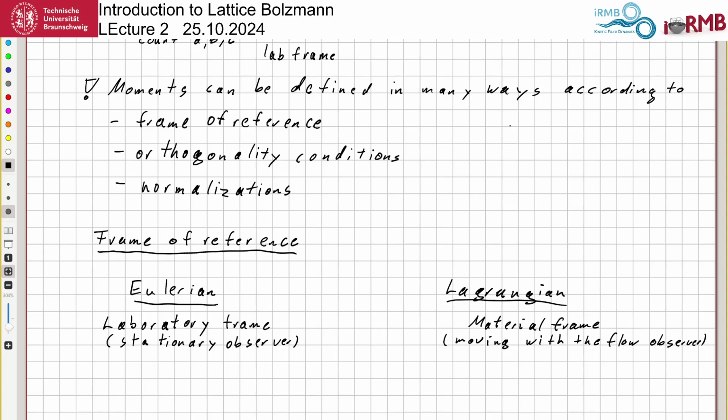If we take moments in the Eulerian frame, as we just did, we call these raw moments. If we take moments in the Lagrangian frame, we call them central moments.